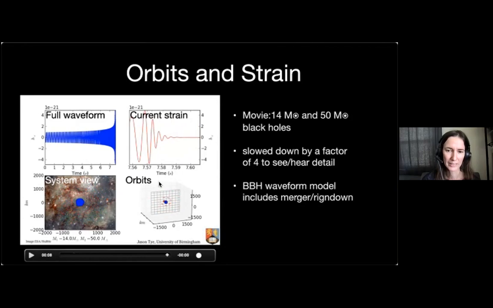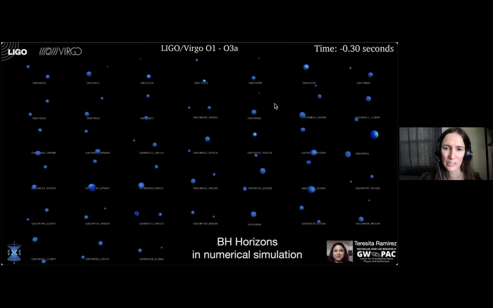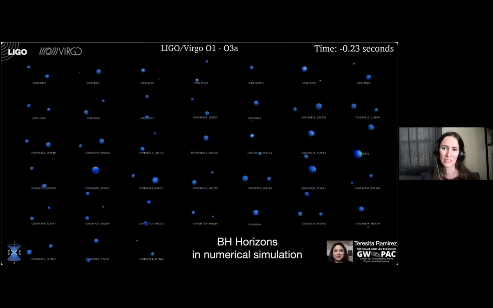So this is a case of two merging black holes. We get a chirp waveform that reflects the dynamics of the orbits of the two bodies as they in-spiral together. And this waveform model also includes merger and ring down, which can be determined in various ways in general relativity, including things like numerical simulations.